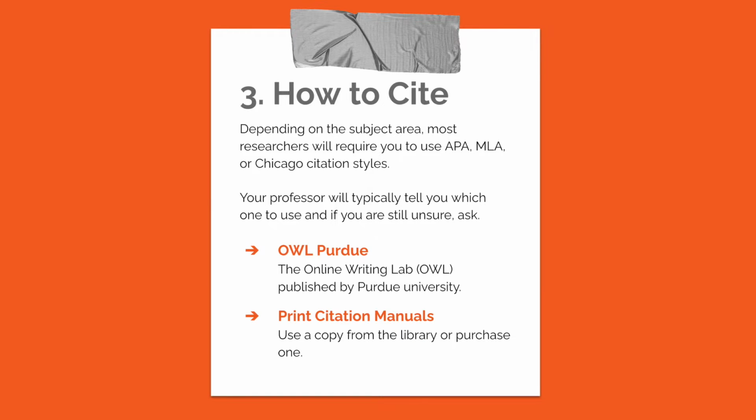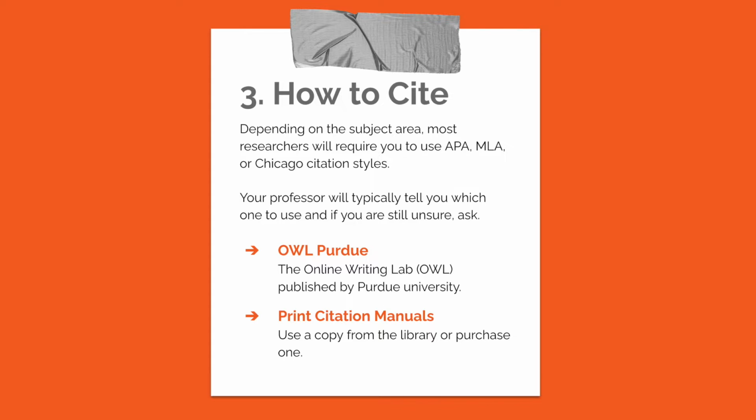So how to cite? Depending on your subject area, most researchers and faculty will require you to use one of the three most well-known citation styles: APA, MLA, or Chicago style. Your professor will usually let you know which style you should use for your research assignment.